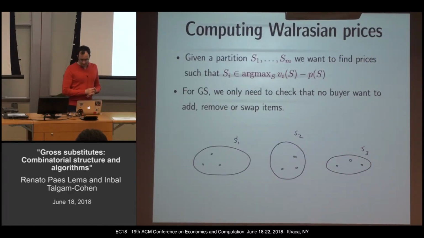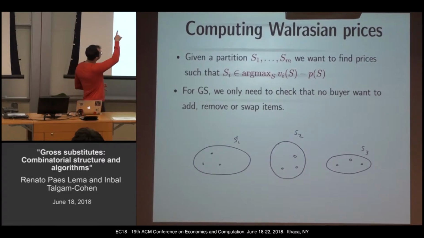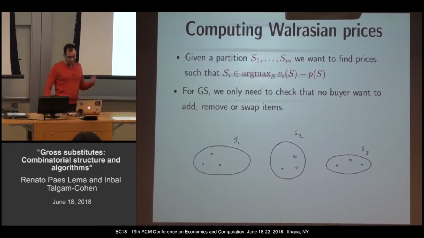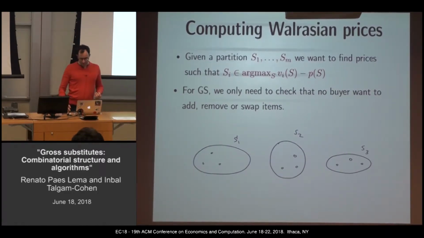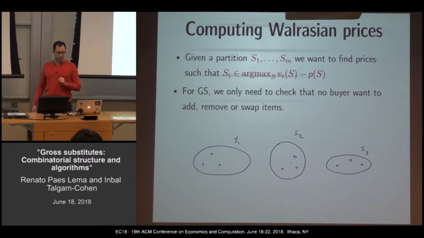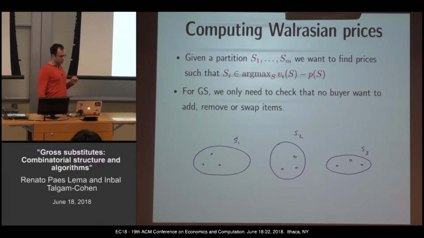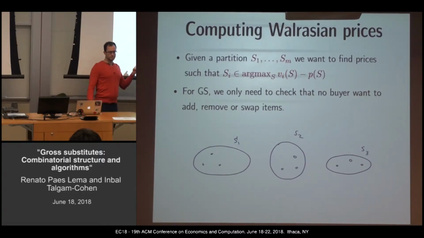The setup is that I give you a partition of the items, and I ask you to find a set of Walrasian prices such that the set Si is demanded under those prices. And remember that gross substitutes is equivalent to discrete concavity.